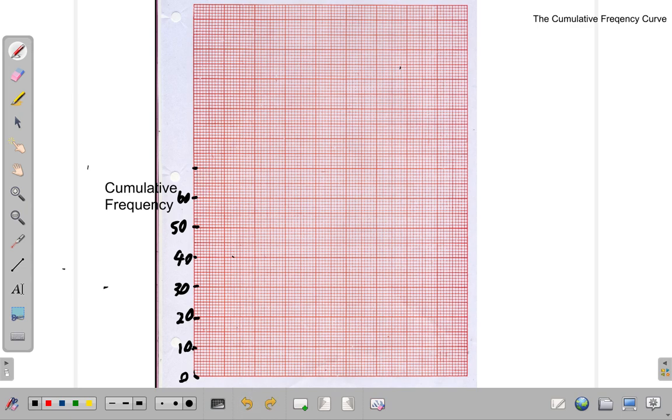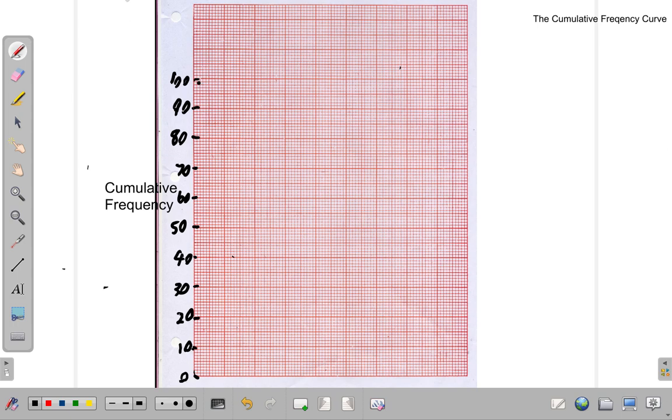So 2 more centimeters, another 10, making it 70. 2 more, 80, another 2, 90, and 2 more centimeters, making it 100. So we have 100 close to the top of the graph. That's a very good scale.